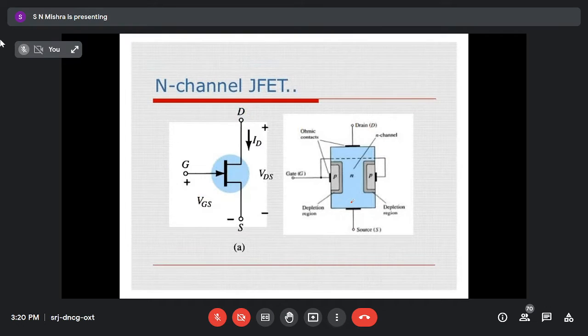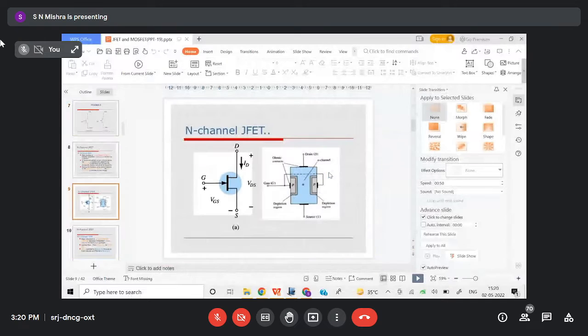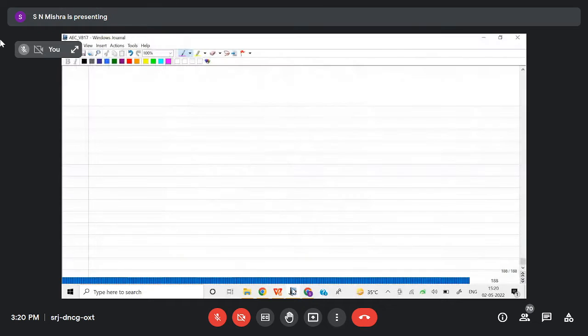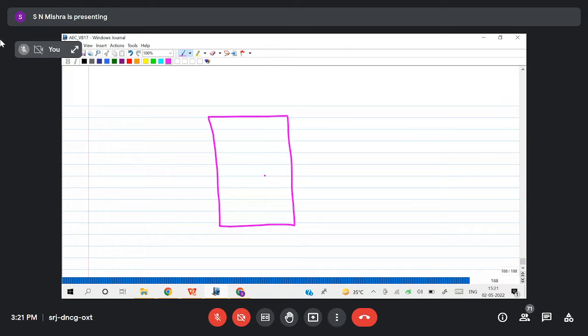Now we'll see the structure. I'll draw the structure here so that it will be easy. So what is the structure? First you will take one type of material. Let us take N-type material.